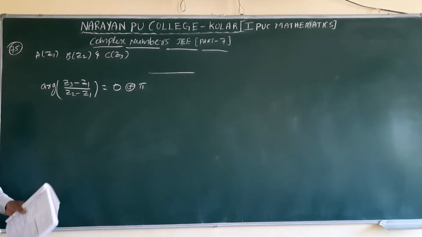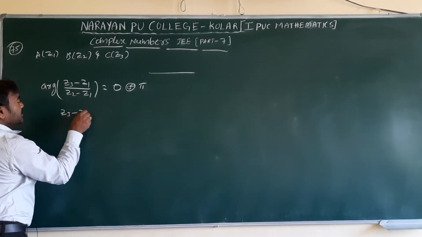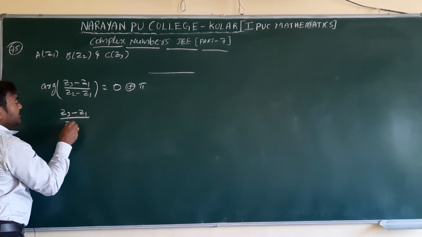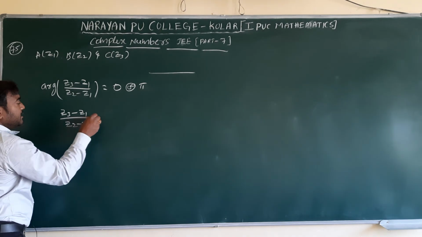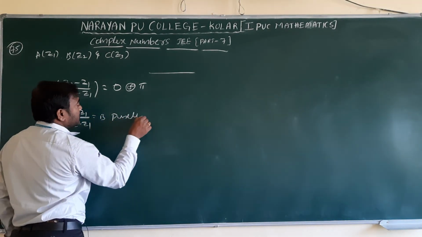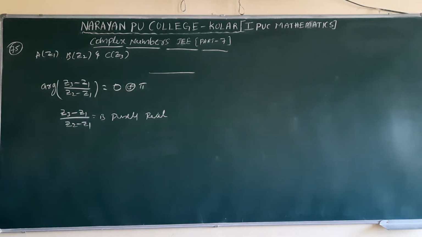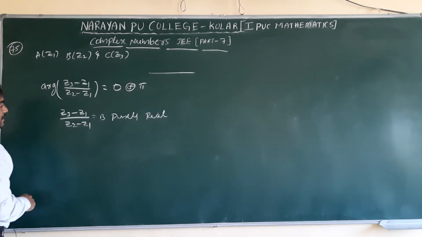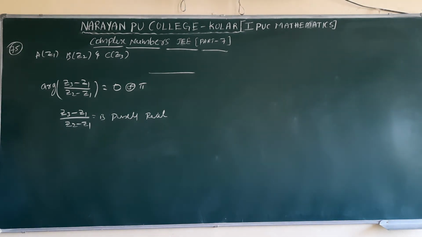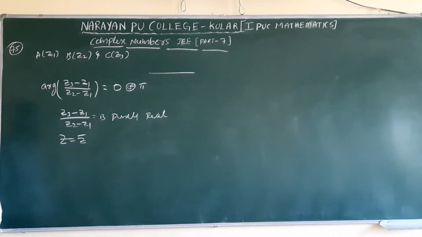It can be written as (Z3 minus Z1) by (Z2 minus Z1) is purely real. Here we know the condition that if Z is purely real, Z is equal to Z bar.